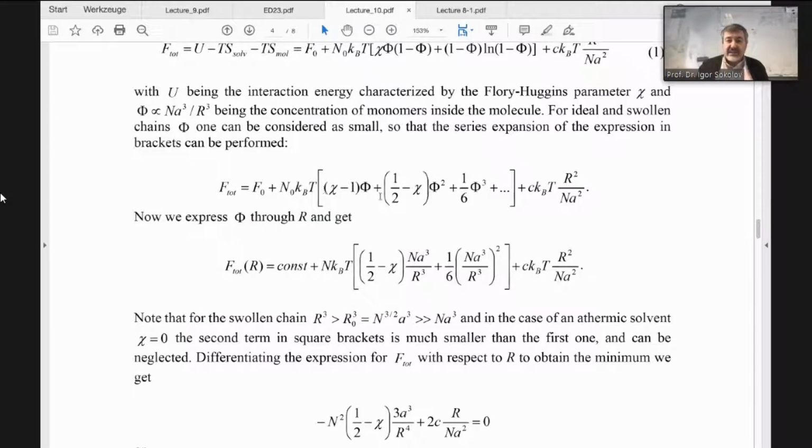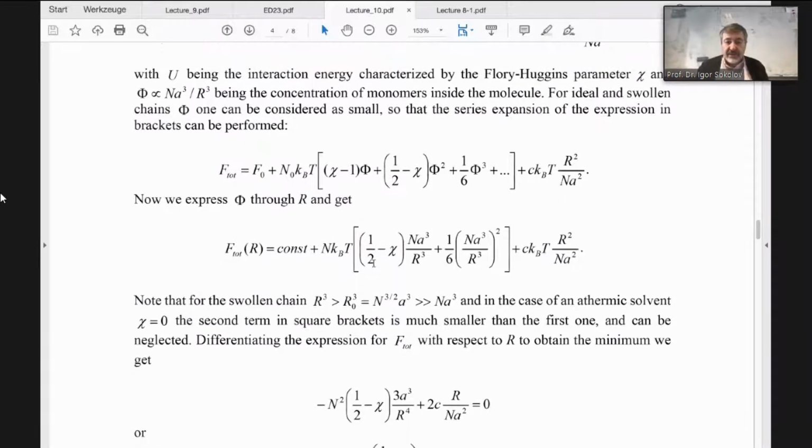Is it clear what happens here? For me, yes. Don't know about the others. I have a problem, because let's have a look at what phi is.